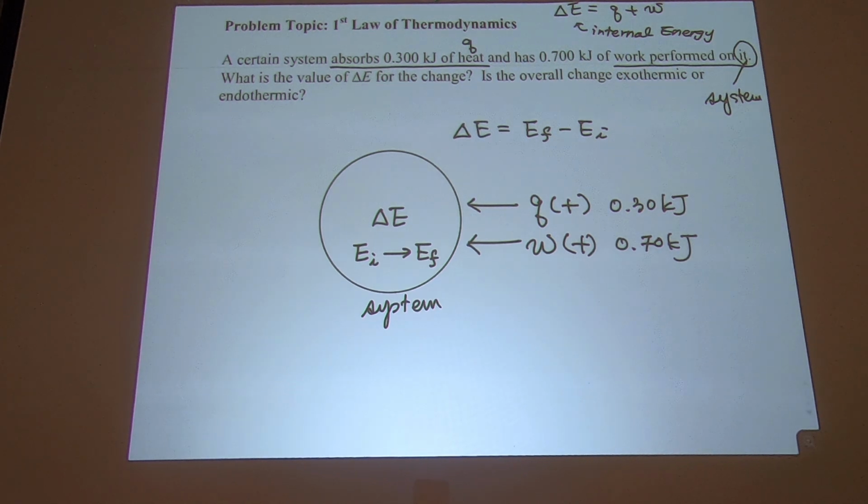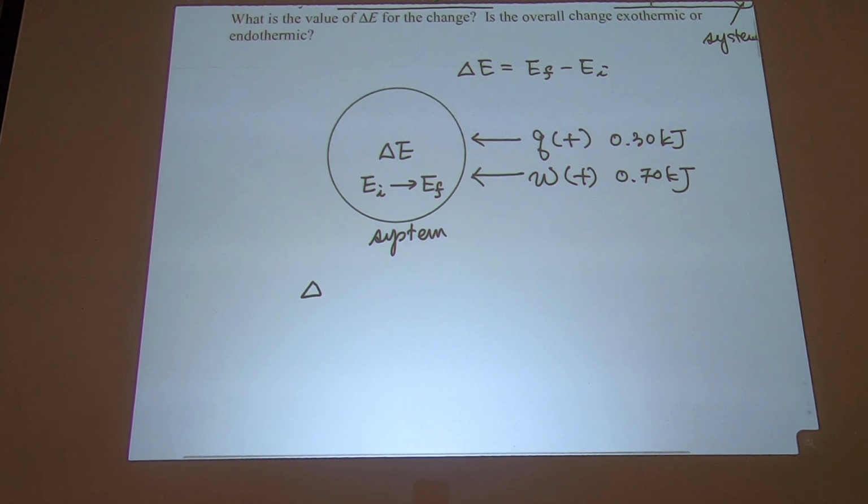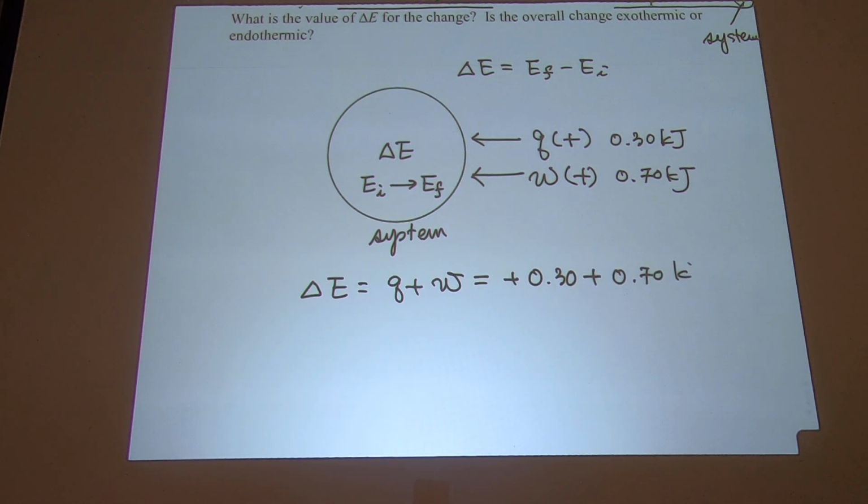So you can say delta E is Q plus W. Because of the sign, this is 0.30 plus 0.70 kilojoule, 1.00 kilojoule, which is positive. Right?